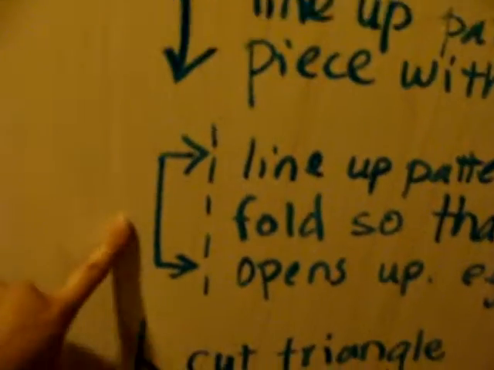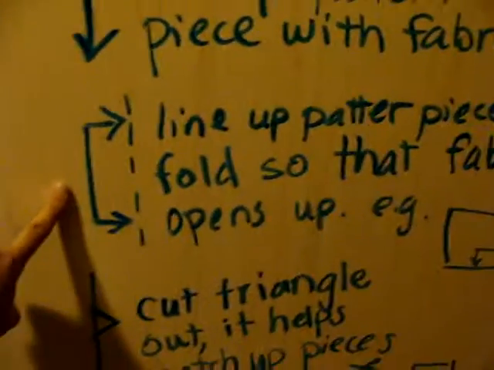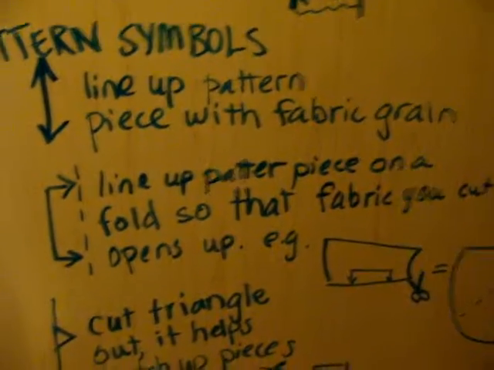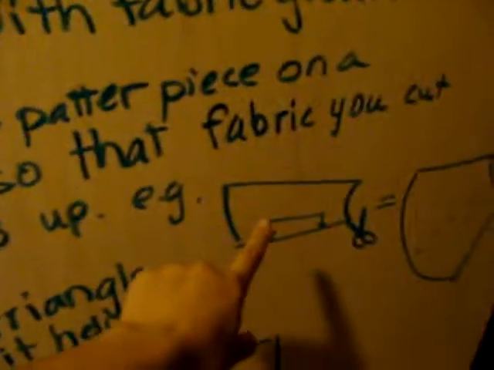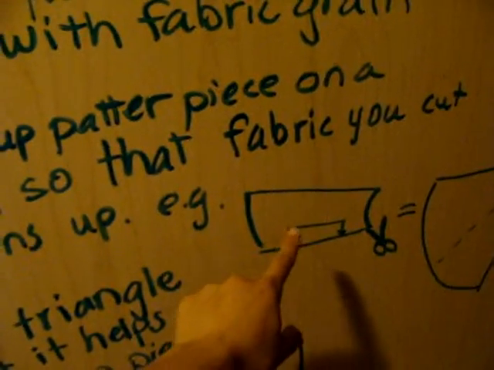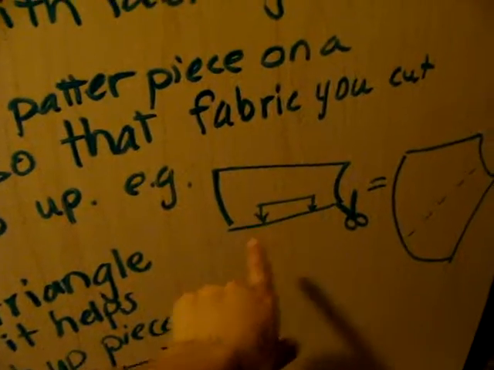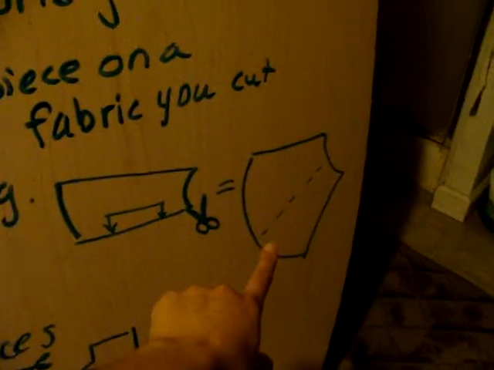There are some other arrows also. One important arrow has some 90-degree bends on it. That means line up the pattern piece on your fold so that the fabric you cut opens up. So if this is my pattern piece and it has those 90-degree arrows, I'm going to place it on a fold so that when I open that piece up, it's going to be twice as big.